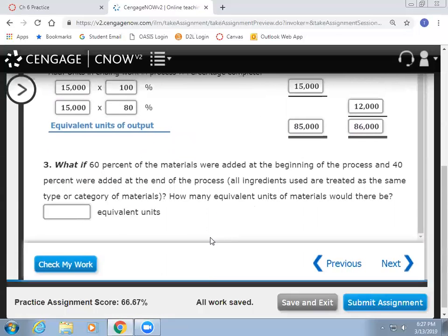Let's see, the last little thing is just a what if. What if 60% of the materials were added at the beginning of the process and 40% were added at the end of the process? Well, they like to make it tricky, right?